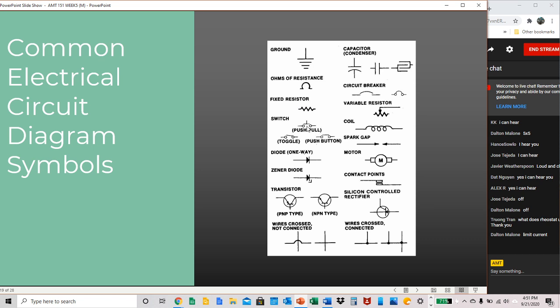If we wanted to show it as on, then this would just be pushed down to make one straight line, also with this 90-degree line. But that's symbolizing that the circuit is actuated and working.